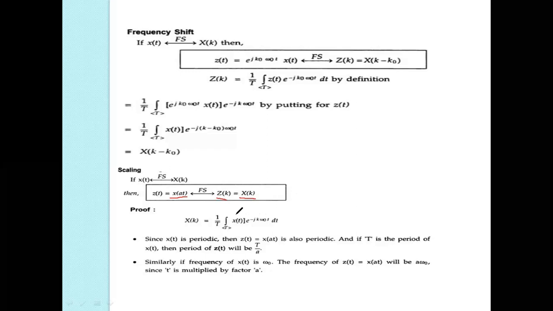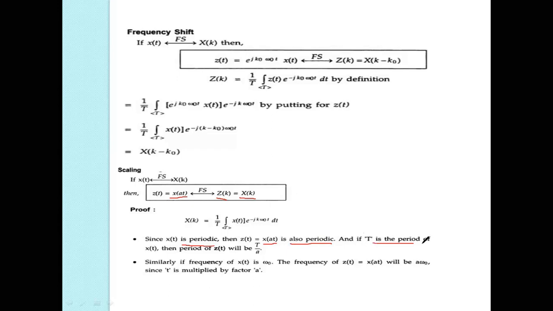Even if it is multiplied with a into t, there is no change in the frequency. That is the same thing, we will get x of k. Why? Because the Fourier series is analyzed for periodic signals. So if x of t is periodic, then z of t equal to x of a t is also periodic. Remember, my dear friends, it is also periodic.